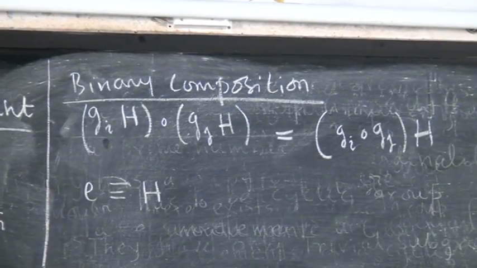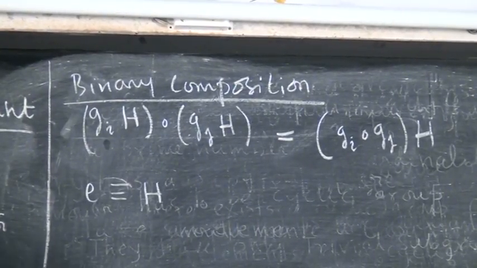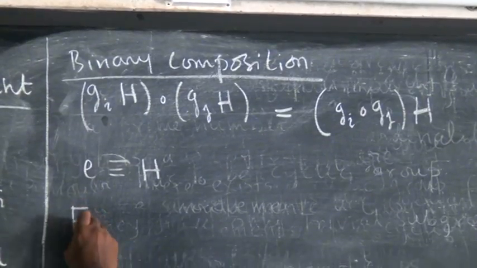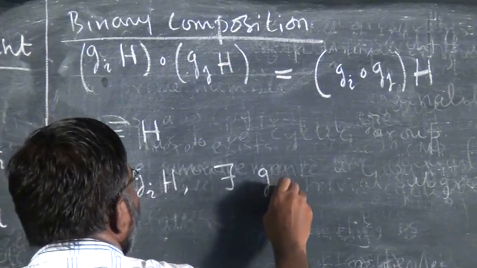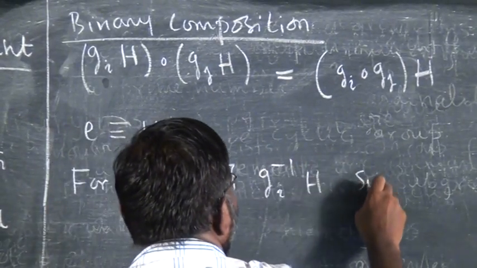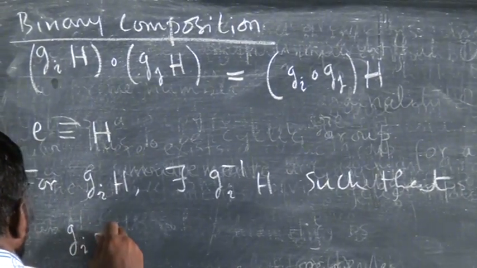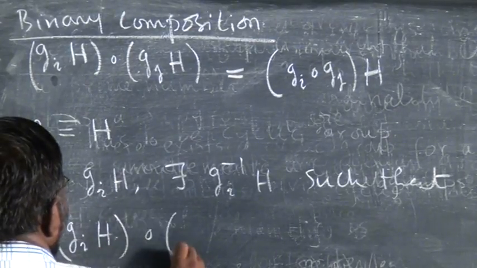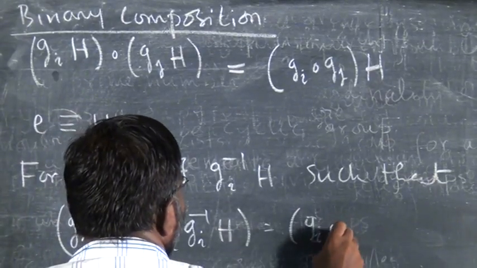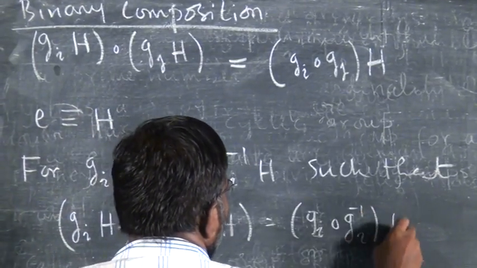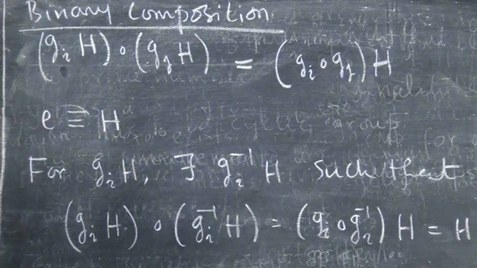And inverse, for every gᵢH, there will be a gᵢ inverse H. Correct? For gᵢH, there exists gᵢ inverse H, such that gᵢH multiplied by gᵢ inverse H is equal to gᵢ gᵢ inverse H, which is equal to H. This is e, so that is equal to H. So inverse also exists.